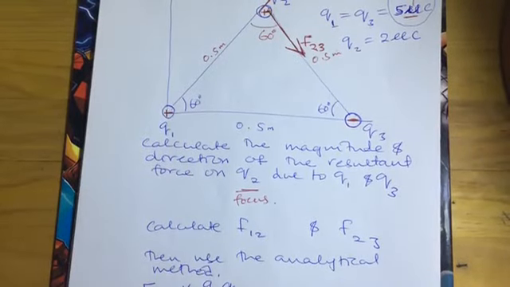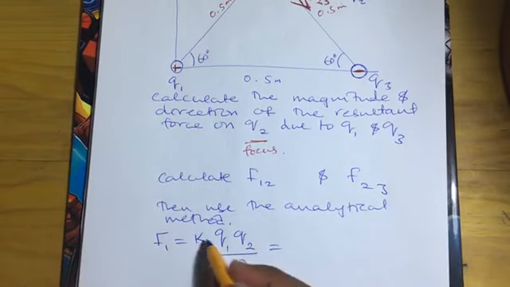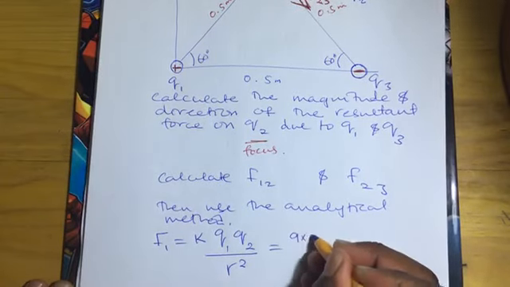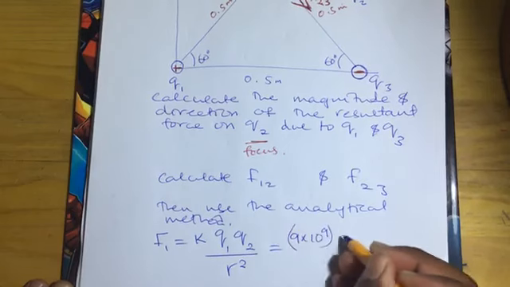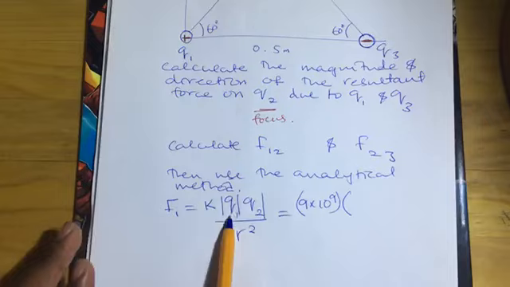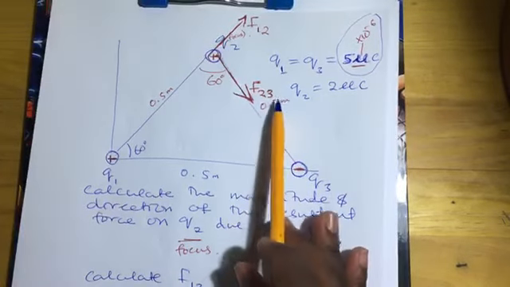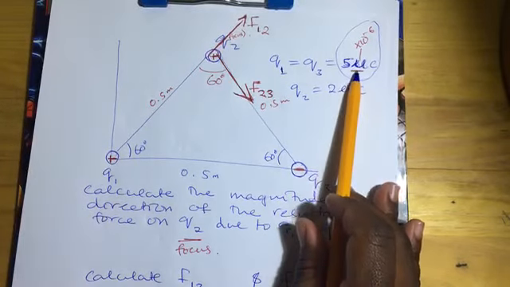So let's go. K is 9 times 10 to the power 9. Q1, I'm going to put modulus bars. We were told in the question that Q1 is 5 microcoulombs.